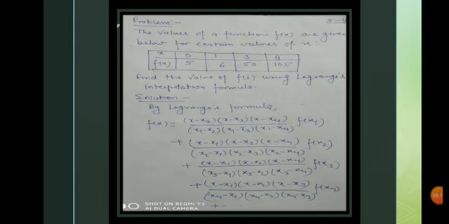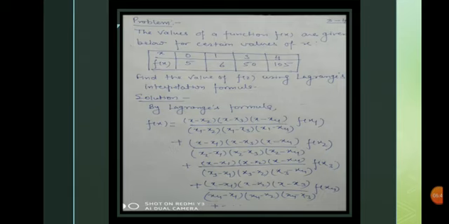Now look at here the values x1, x2, x3, x4. Clearly for the values of x 0, 1, 3, 4, f(x) is given here as 5, 6, 50, 105.